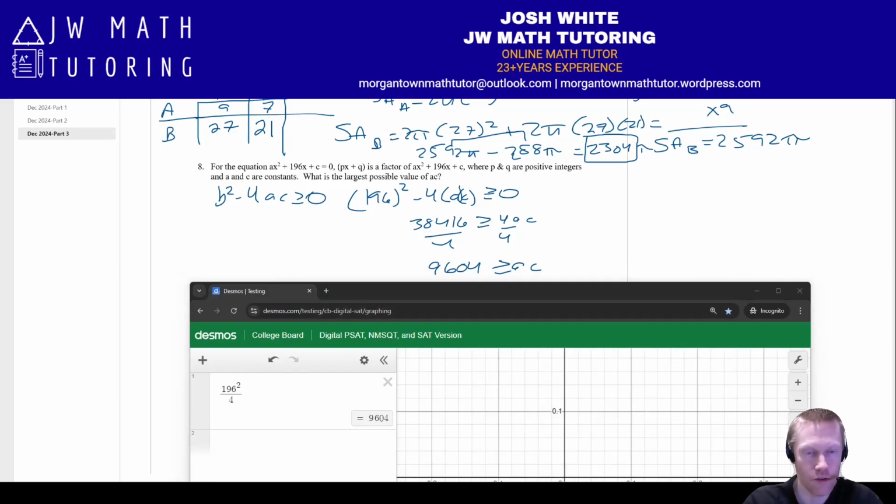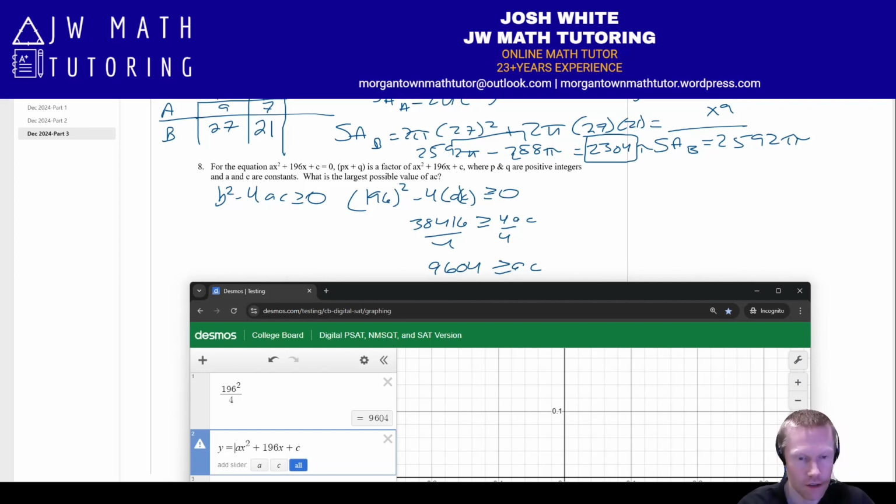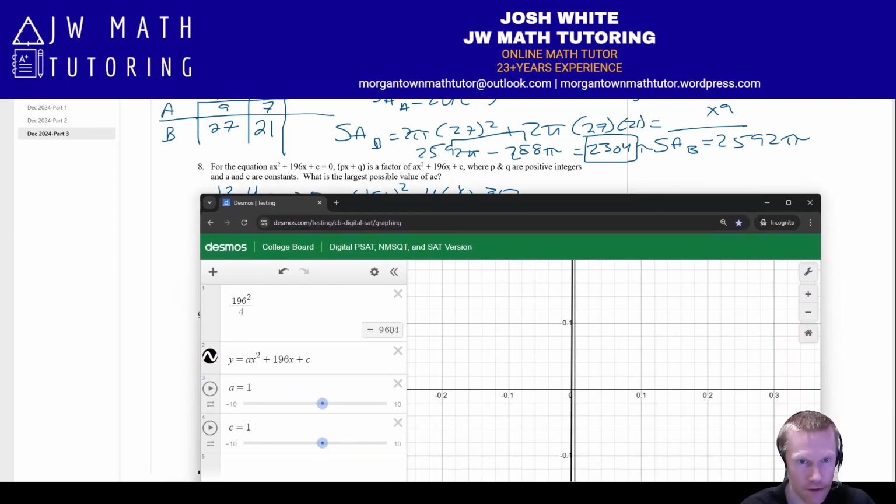Now, you could do this problem in Desmos, but I think it would probably be time prohibitive. Basically, you would enter, I guess not the full equation, but just the function, set it equal to y, and add some sliders.